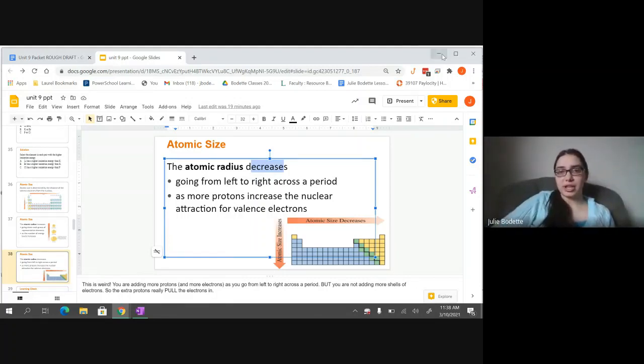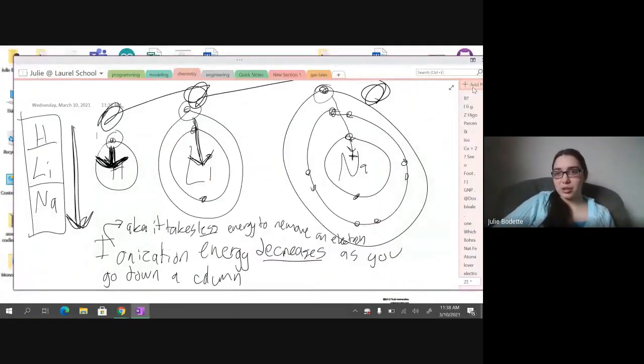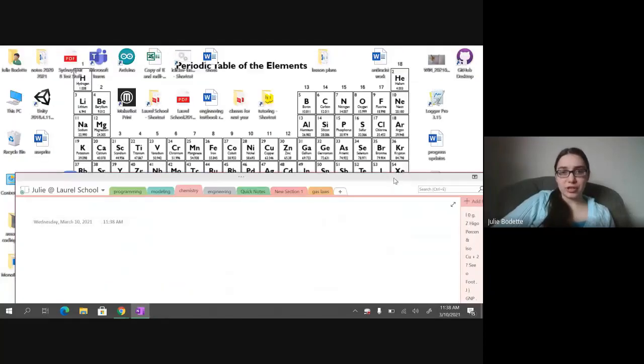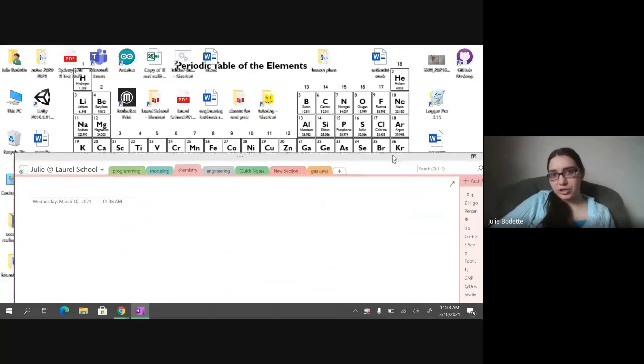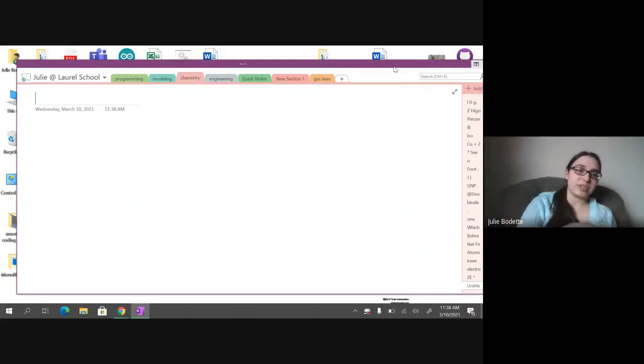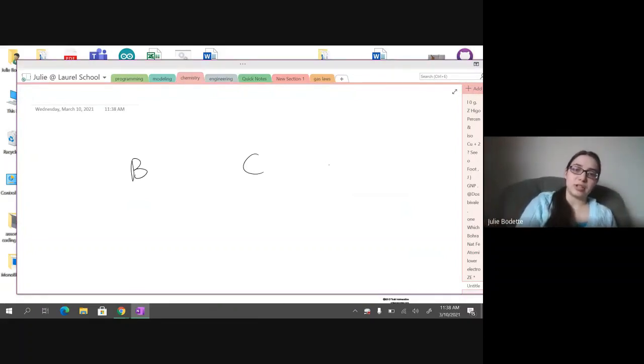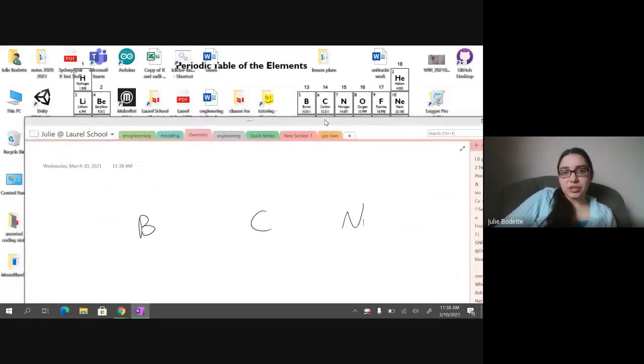Let me go ahead and draw a nice picture for this. We'll go, I don't know, boron, carbon, and nitrogen. So boron has 5 protons, so it has 5 electrons.